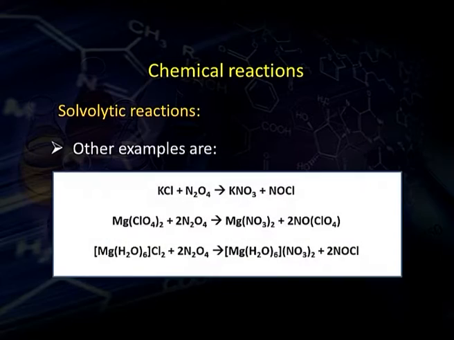We have some other examples of solvolysis, like KCl on solvolysis in N2O4 gives KNO3 plus NOCl. Magnesium perchlorate, Mg(ClO4)2, in N2O4 on solvolysis gives magnesium nitrate plus NOClO4. Hexaaqua magnesium chloride gives hexaaqua magnesium nitrate plus NOCl.